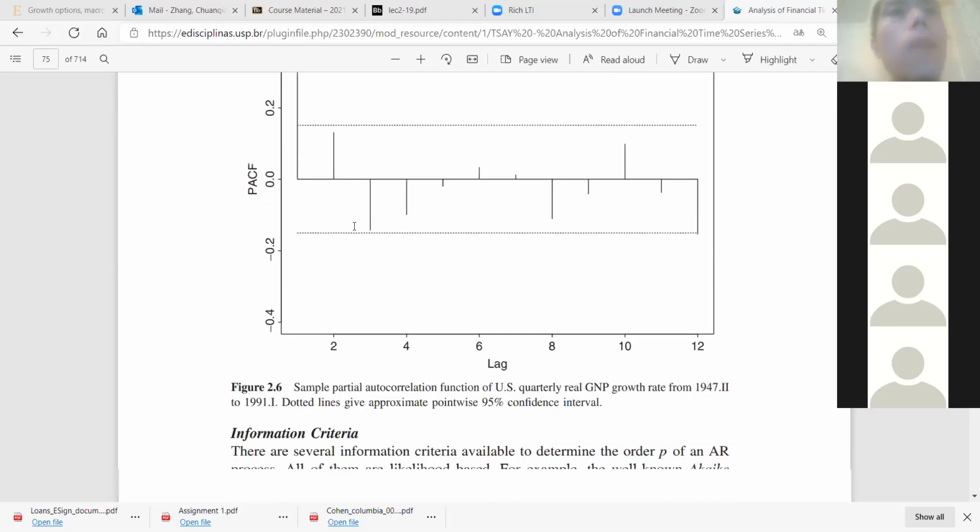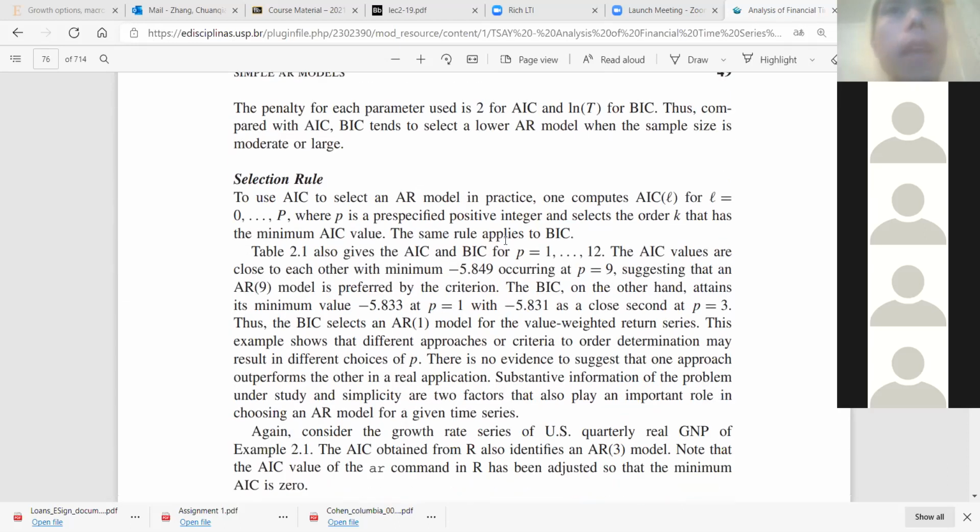So 1, 2, 3. However, if you use the AIC criterion, the minimum is at p equals 9, which suggests the AR9 model. That means you include the t minus 9 variable in the autoregression model. But when you use BIC, it suggests AR1 and AR3 might be good candidates.